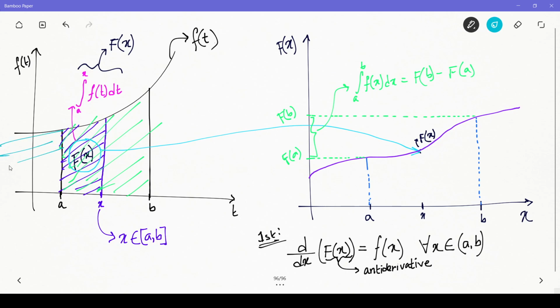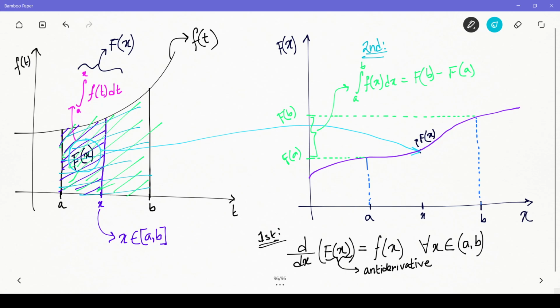This whole area, right? So if we subtract capital F of a from capital F of b, we get this area in the middle, right? Which is the area underneath the curve, which is what we are aiming for, in order to find the integral value of the actual function. So this is the second, we call it the second fundamental theorem of calculus.